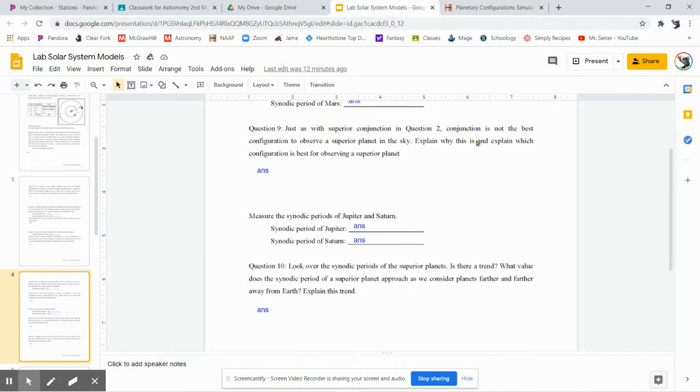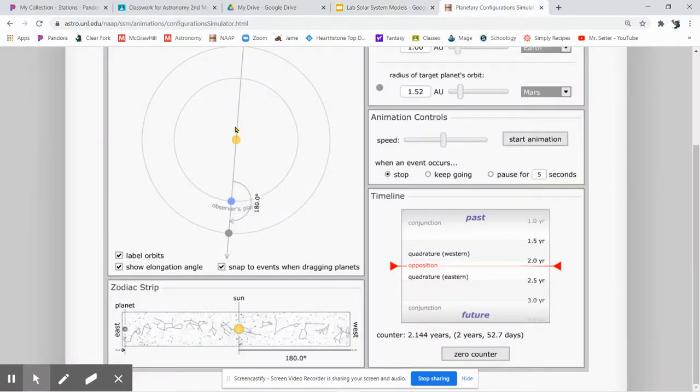Just as with superior conjunction in question 2, conjunction is not the best configuration to observe a superior planet in the sky. Explain why it is not, and explain which configuration is best for a superior planet. Well, I'm going to help you here. It's because the sun's not reflecting on it. The sun's rays are blocked by the Earth.